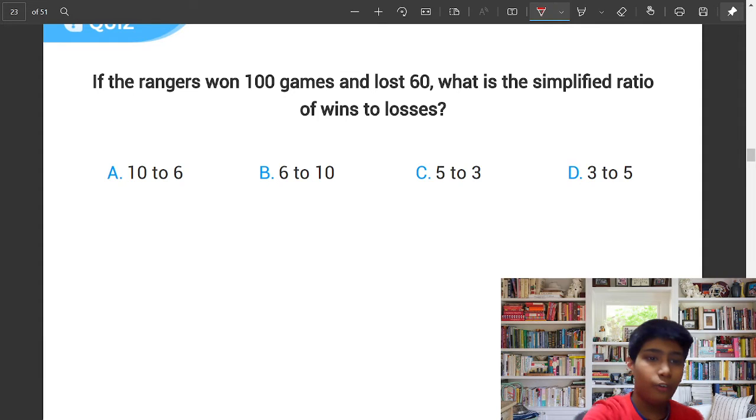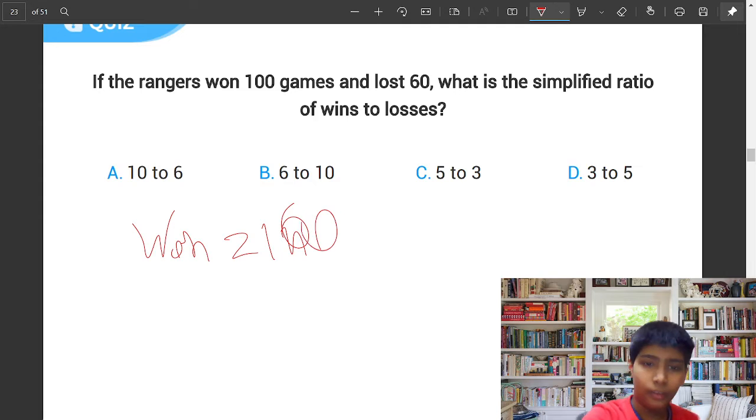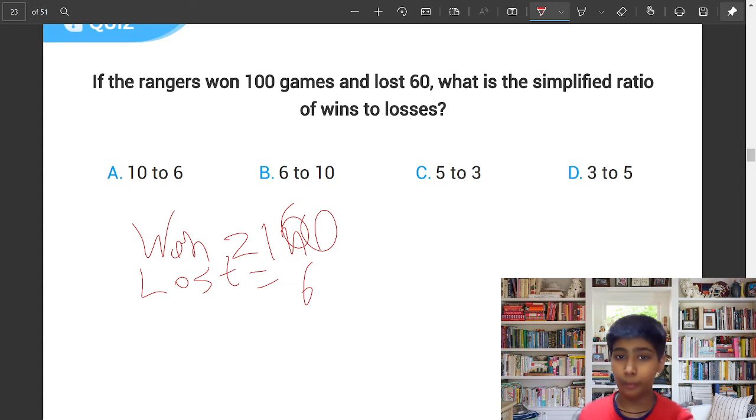Find it in the lowest form. Lowest form means lowest form. From wins to losses. If you do losses to wins, you will be wrong.